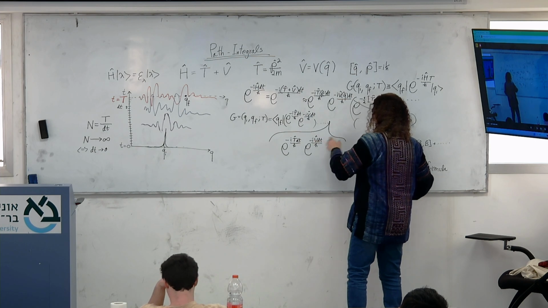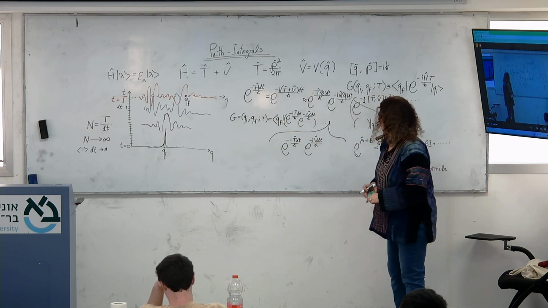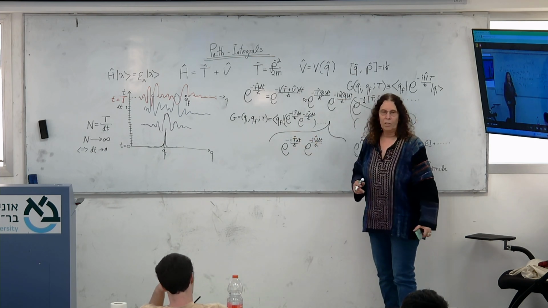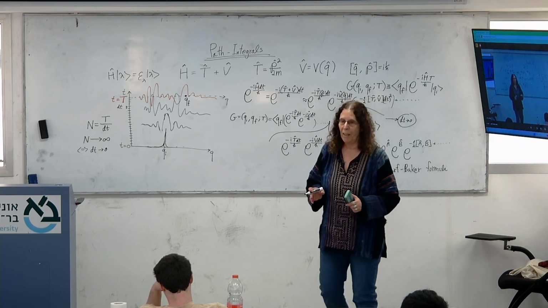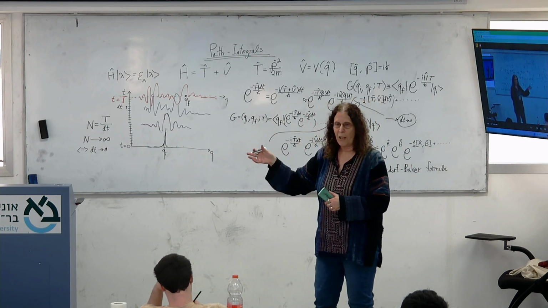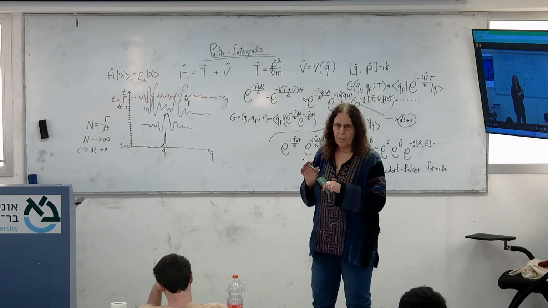And then it's repeating itself. But at this stage, I didn't gain much. I just replace an exponent of a sum by a product of exponents. Okay.